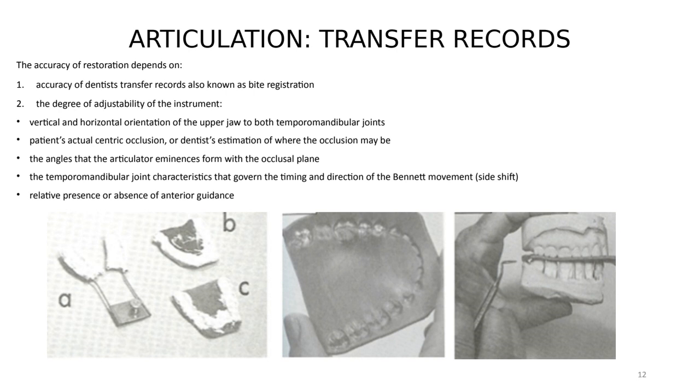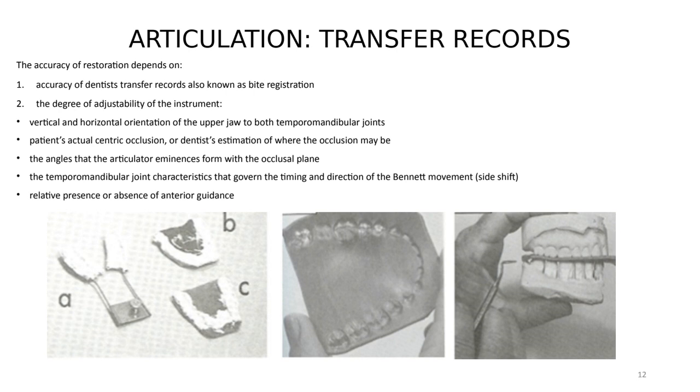So sometimes we have cases where the patients are in crossbite. Crossbite meaning that the lower posterior teeth are outside of the bite surfaces of the upper.